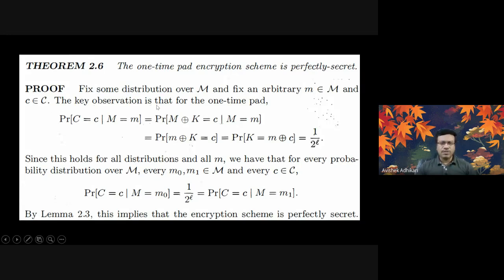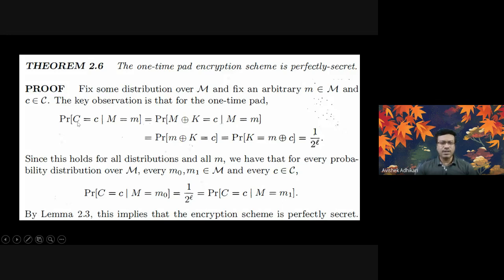The key observation is that for one-time pad, you are given M equal to m. What is the information that you are getting about C? Now, how is C obtained? C is obtained as M XOR K equal to C. So they are random variables. Mind that.